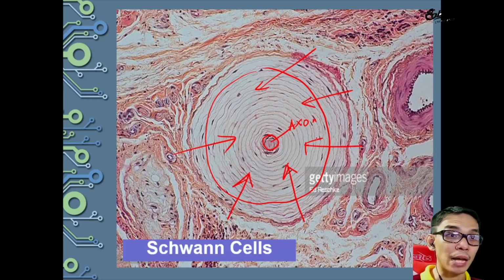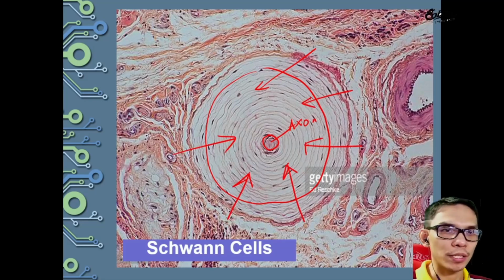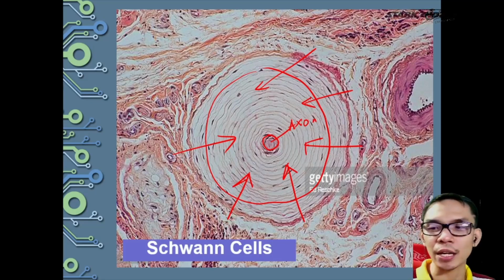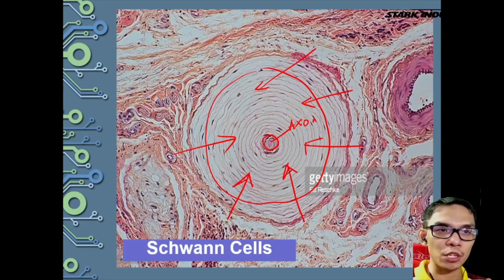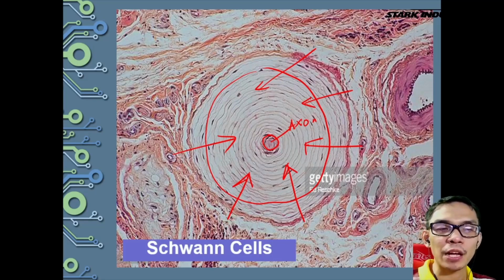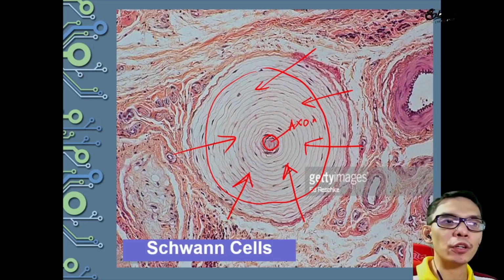That is the function of your Schwann cells. So these are the glial cells that constitute your nervous tissues. Together with the neurons, they help each other in order to maintain the function and the well-being of the nervous system.